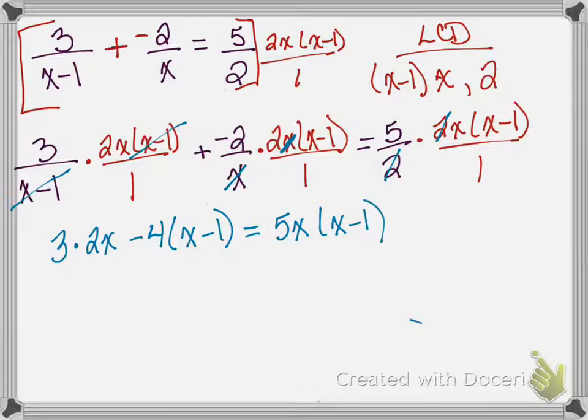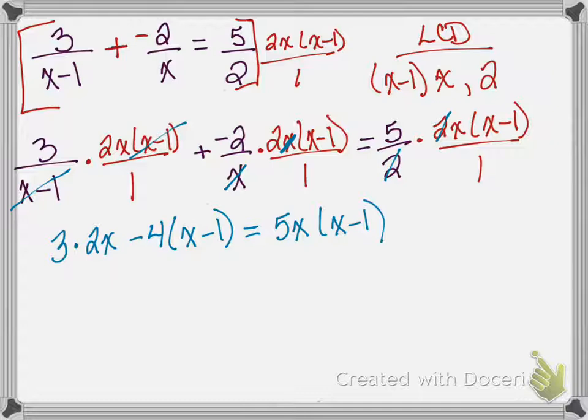Okay, the good news is we have eliminated all of the denominators, which is the goal. That's what we want. We want to eliminate all of the denominators. The bad news is I have a whole bunch of stuff I need to simplify. So let's get started simplifying that.